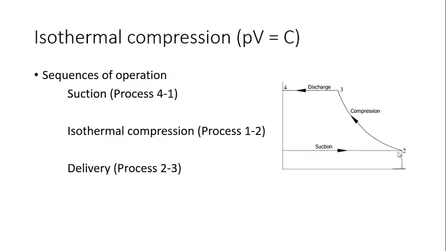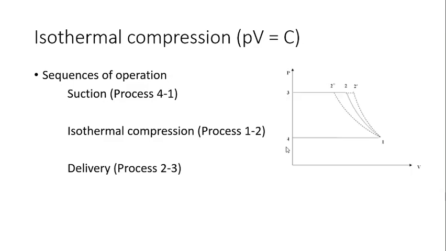So this is 4, this is 1, this is 2, this is 3. Okay. The sequence of operation is the suction process 4 to 1, 1 to 2 is isothermal compression, and 2 to 3 is constant pressure delivery.